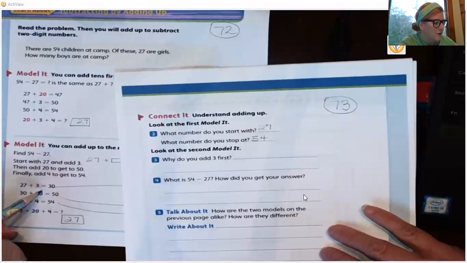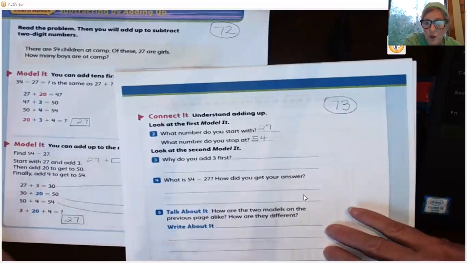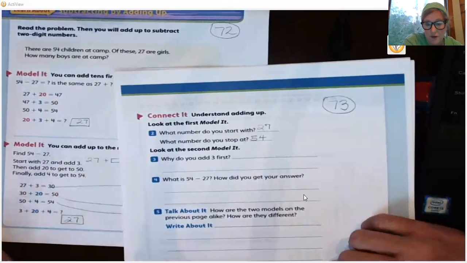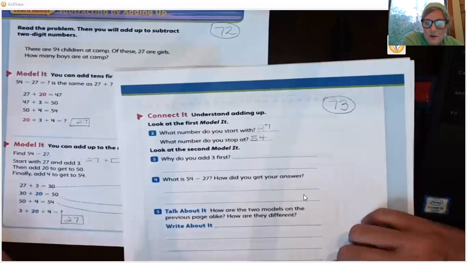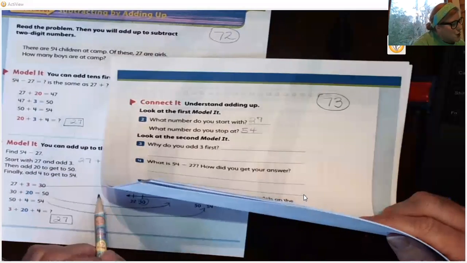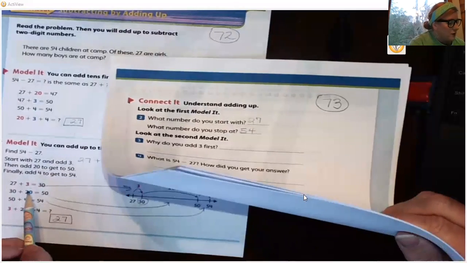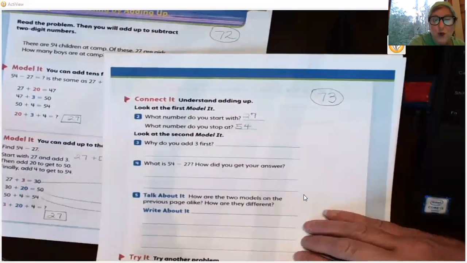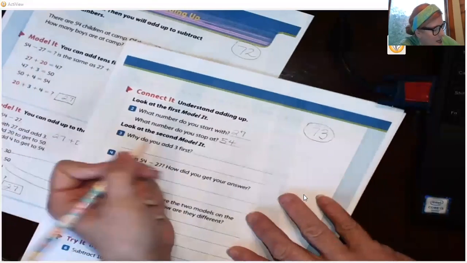we added 3 first. So you can pause the video and think about, why did you add 3 first? They tell you on there. Okay, and we're back. So why did you add 3 first? Because you were going up to the next 10.